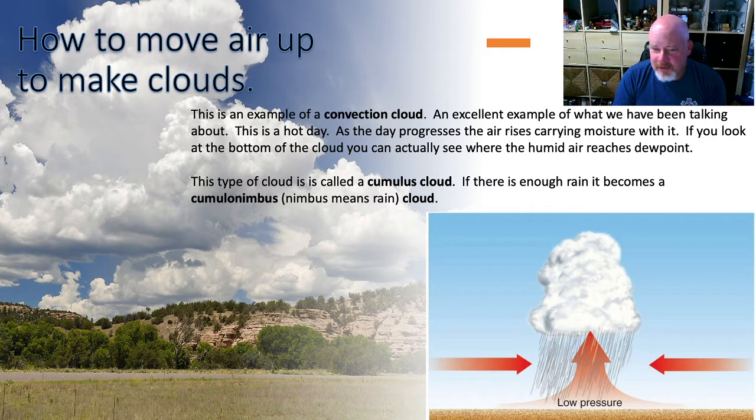Once again, there are different types of clouds that we could be talking about. One is called a convection type cloud. What you're looking at in the background picture there is what's called a cumulus cloud. A cumulus cloud is basically a convection cloud where you just have a land surface. The land surface gets hot. There's a body of water somewhere, not in that picture, but somewhere near that, maybe a large lake or an ocean.